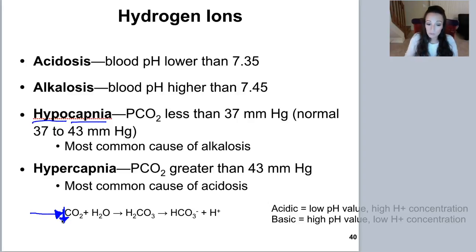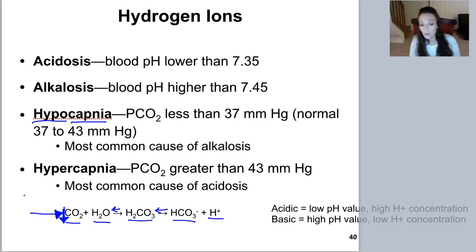To generate more CO2, our equation is going to shift over to the left. It's going to take some of this hydrogen and these bicarbonate ions, convert them into carbonic acid, and then carbonic acid will generate water and carbon dioxide.